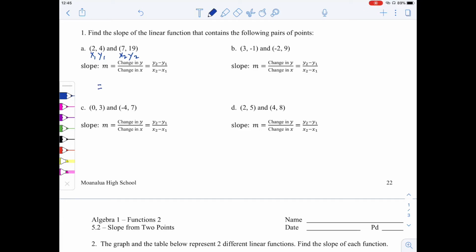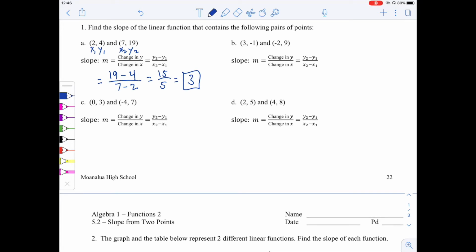So y2 is 19 minus y1, which is 4, over x2, which is 7, minus x1, which is 2. So we're just matching them up. 19 minus 4 is 15. 7 minus 2 is 5. You divide if you can, and you get 3. So your slope is 3.